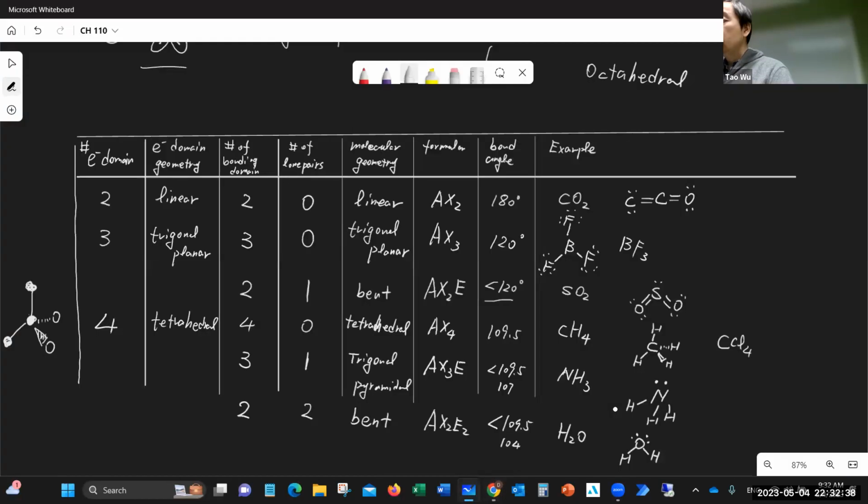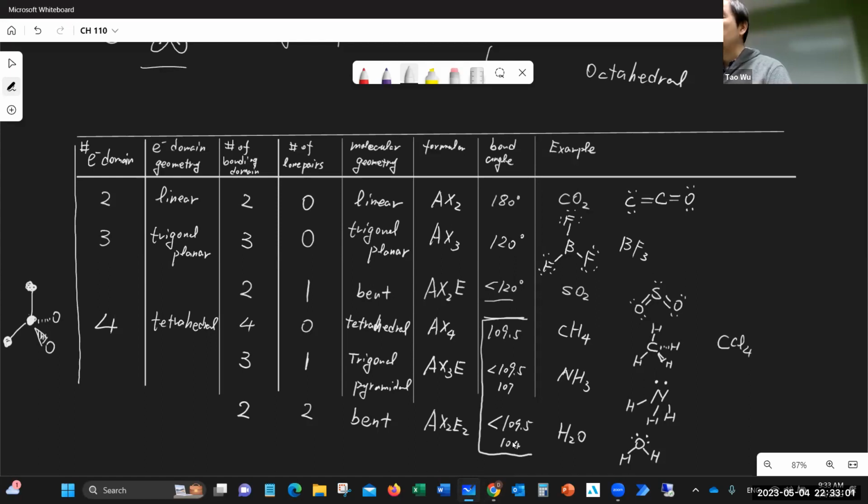If you look at this, you will make a conclusion: the more lone pairs, the smaller the bond angle. Why?